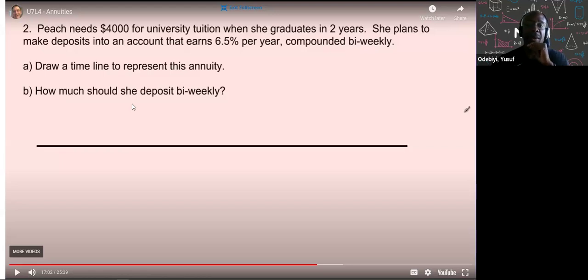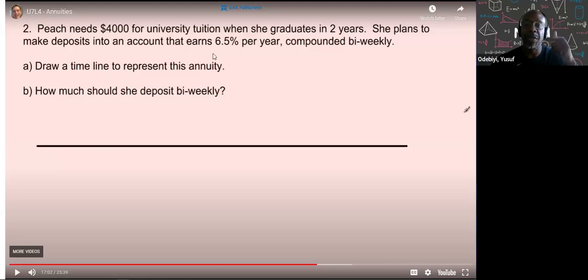So basically she's going to put money in the bank account weekly. We need to figure out how much, so what we're trying to find is R, the regular payment. What is the regular payment she needs to put in order to get $4,000 in 2 years?